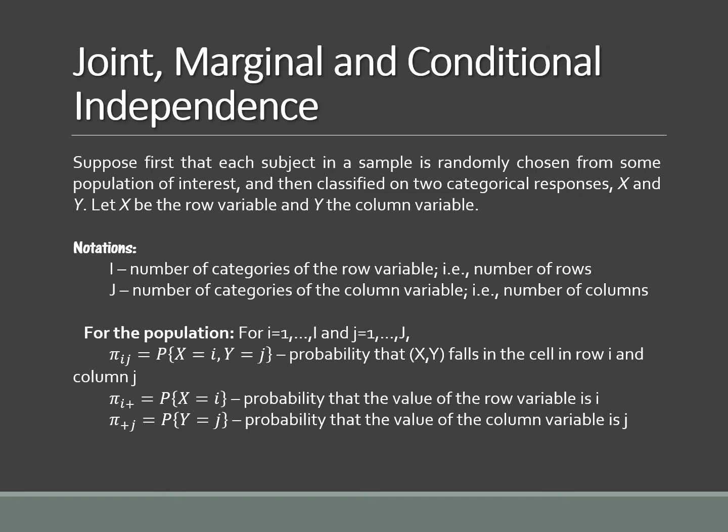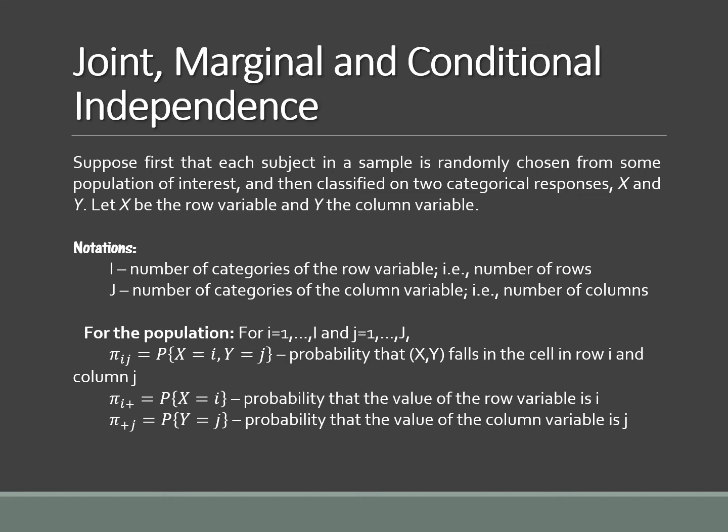For some notations, we have here capital I, which is the number of possible values that the variable X could take on, and consequently this is also the number of rows. And capital J is the number of categories that the Y variable could take on, and it is also the number of columns.